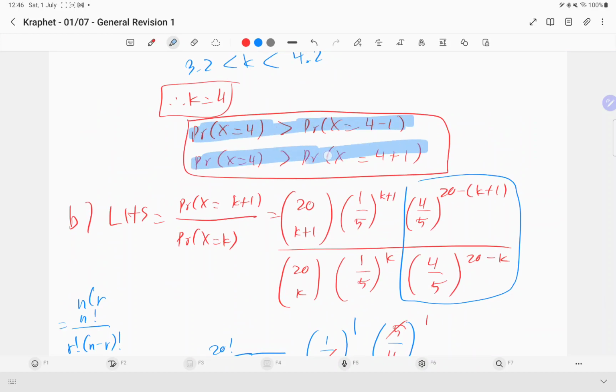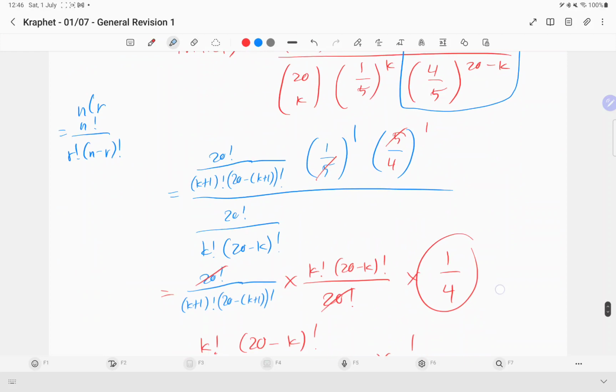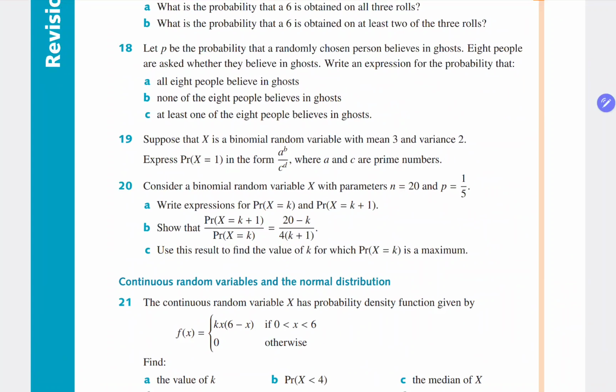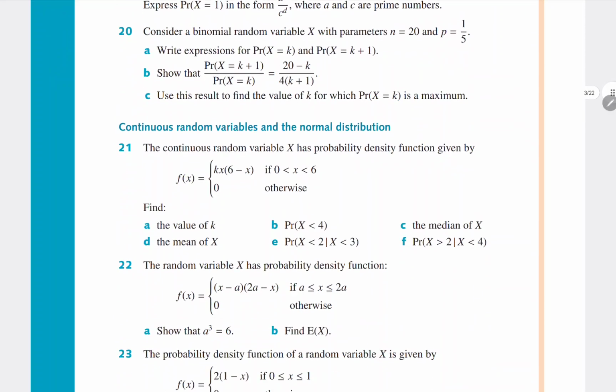The probability is higher than the one before and higher than the one after at k. That's the one you need in order to do question C. And B is, if you have time to do it, try it. If not, that's fine. So that's the hardest one for binomial distribution.